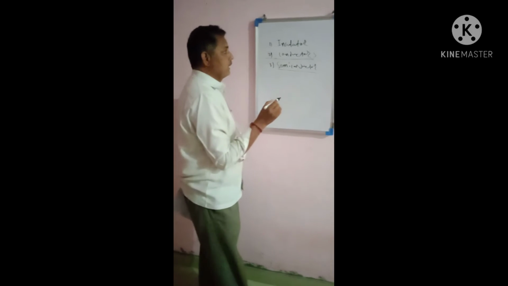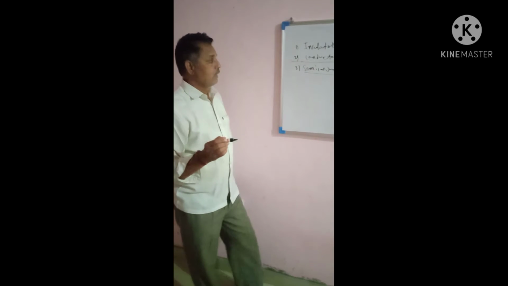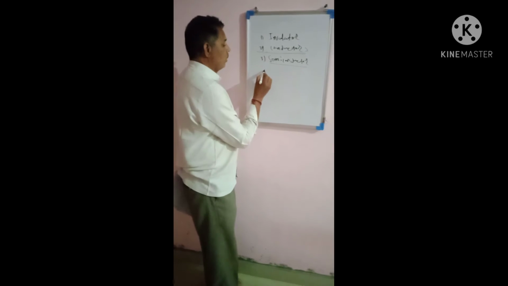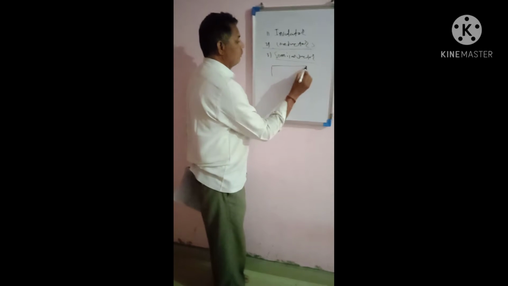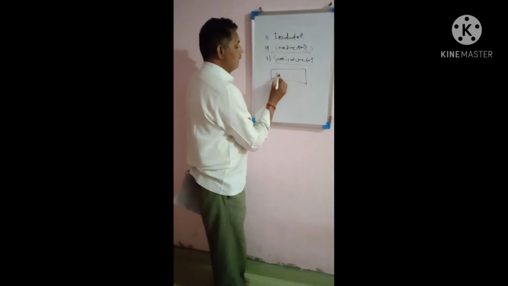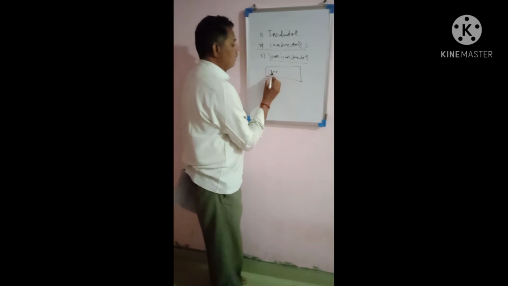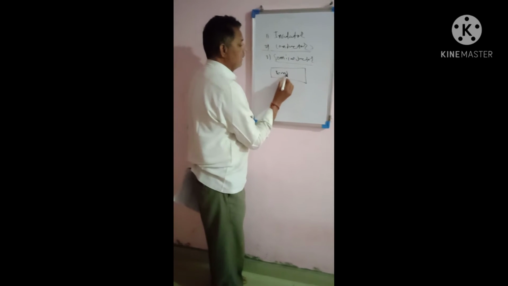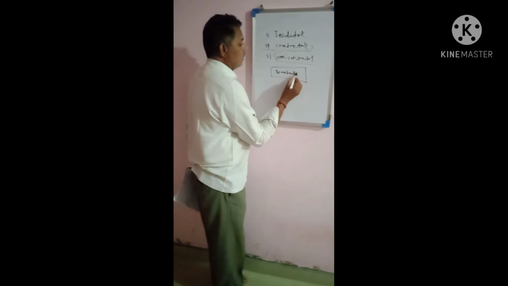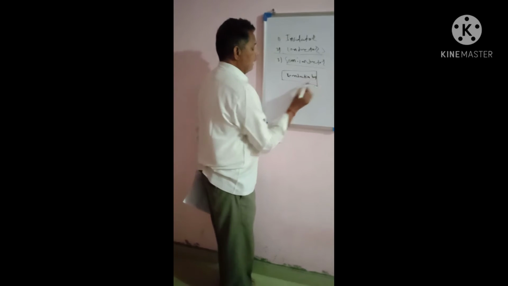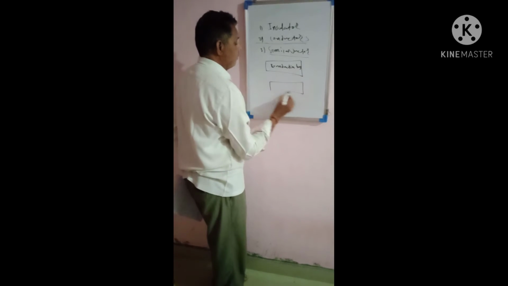Now, in terms of the energy band diagram, for example, an insulator has a conduction band and a valence band.